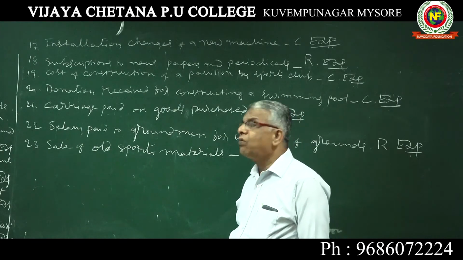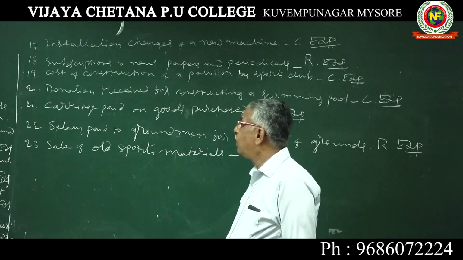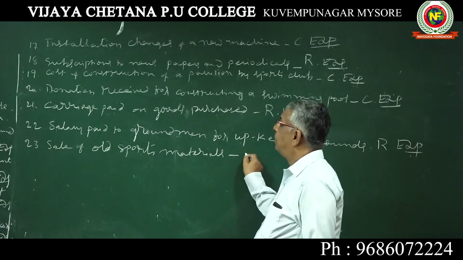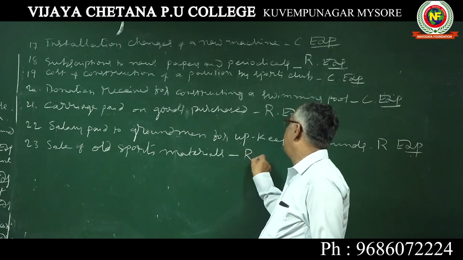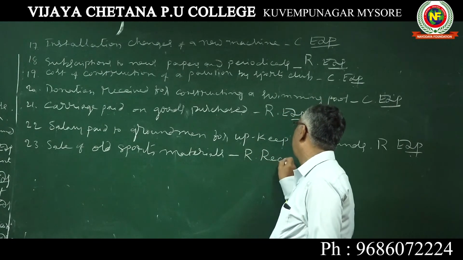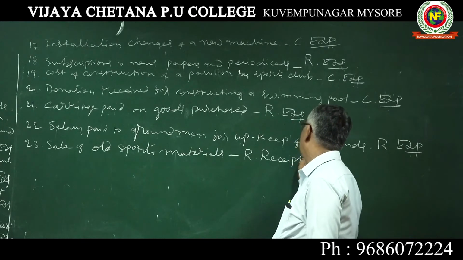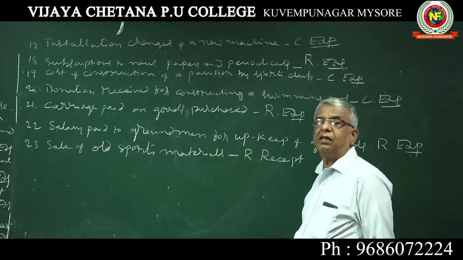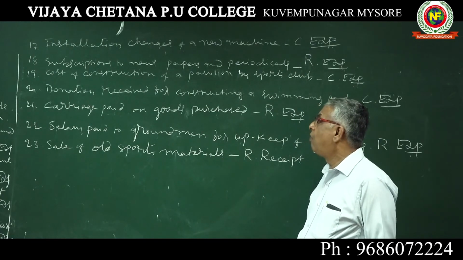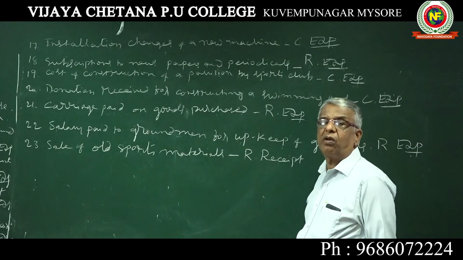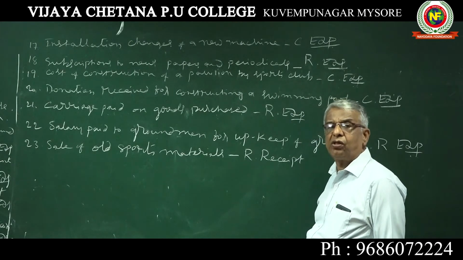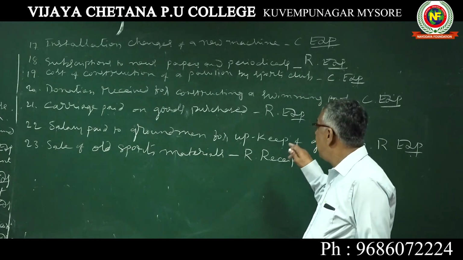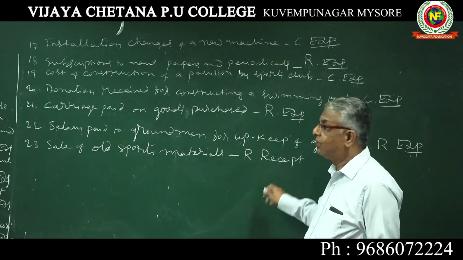So whatever amount is received is what we call a revenue receipt, because it is recurring in nature. Every year they have to sell old sports materials at the year end. So the amount received by this education institution after selling the sports materials is considered as revenue receipt.